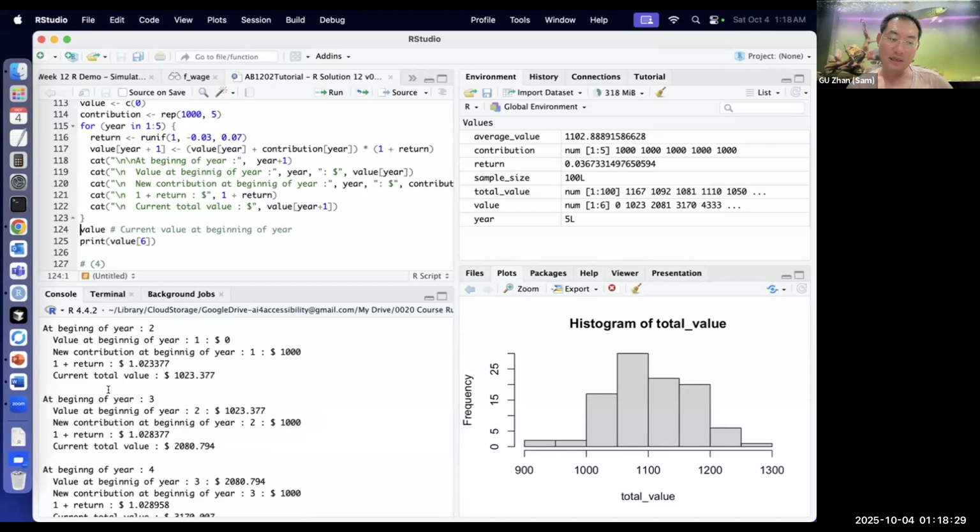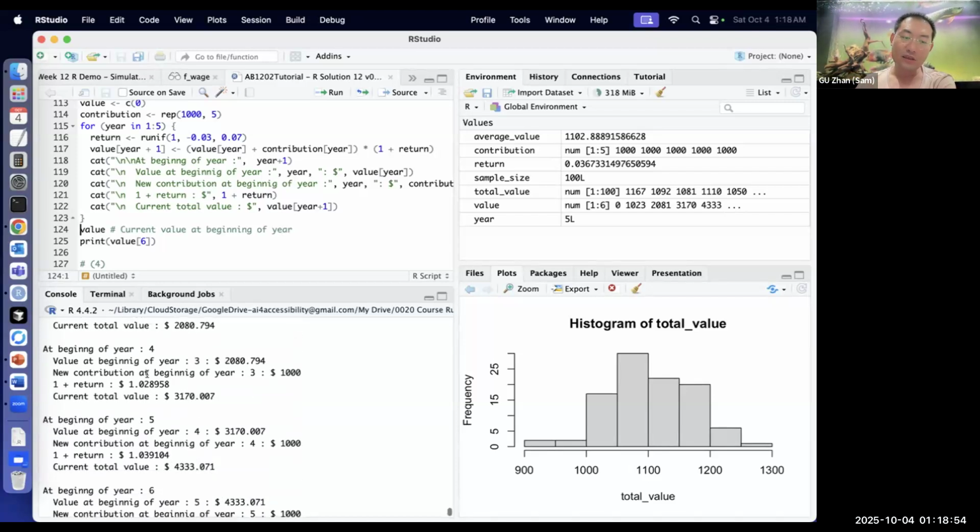At the beginning of year 3, you should have this 1,000 plus 1,023, which gives $2,023 times 1.0283, and you will get 2,080. Okay, so this is how you calculate at the beginning of year 3.